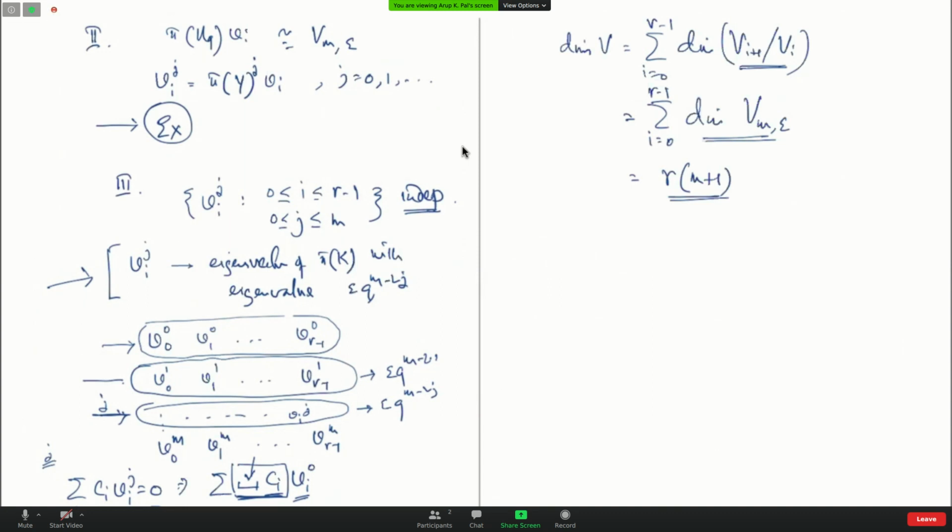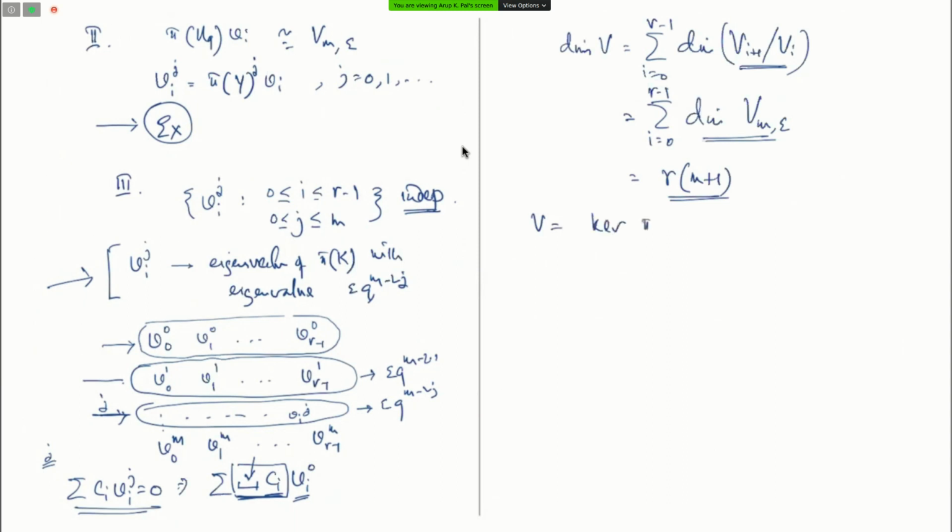So what was done? First you restrict yourself to the case, so you look at a generalized eigenspace for phi c and just look at that part.